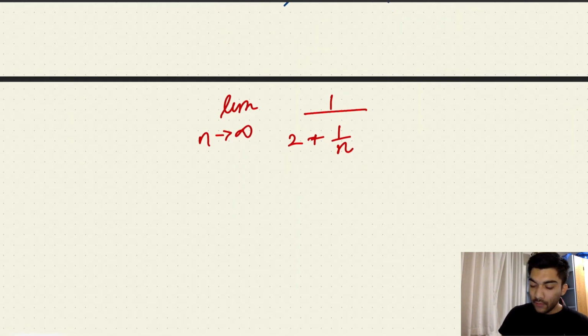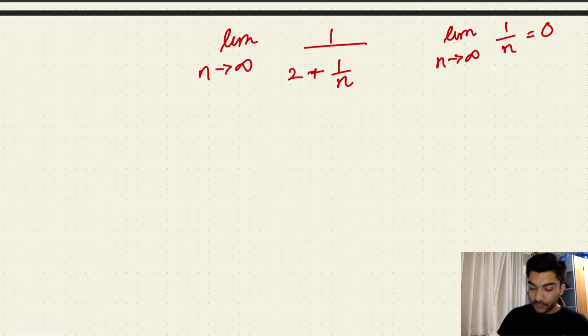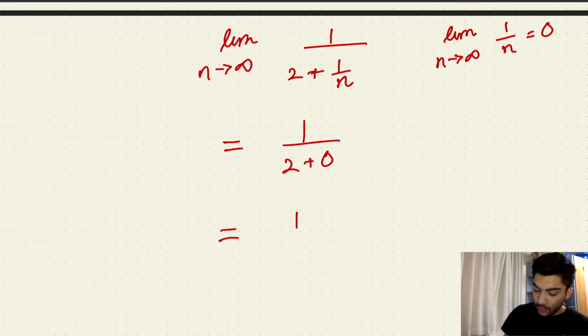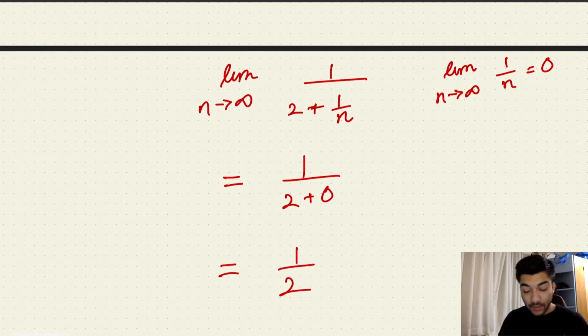And now you know that when you take the limit of n tending to infinity of 1 by n, it's 0. So if we take the limit of this expression over here, we will get 1 over 2 plus 0, which is 1 over 2 in this case, right?